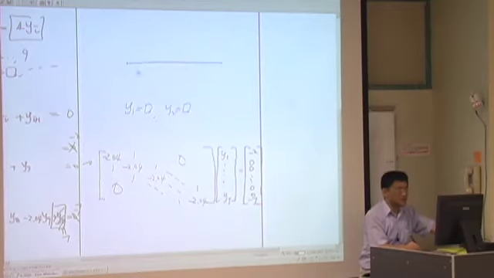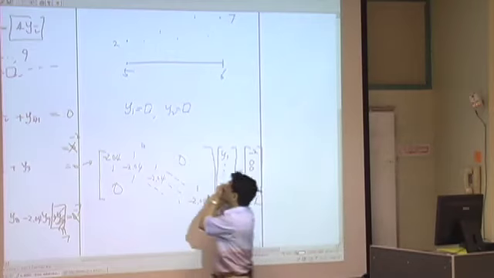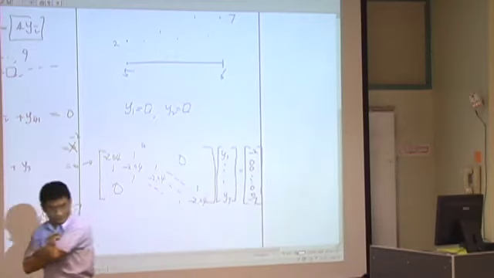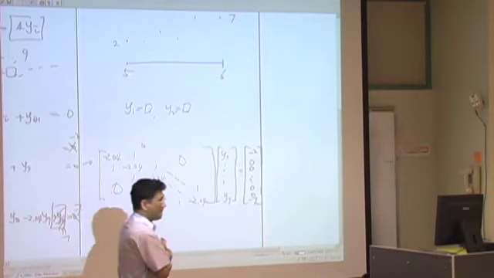So 2 and 7 are the y0 and y10 values, but y1 is known, y2 is known, y3 is known, y4 is known, and so on. So you can plot this. Then this is roughly the result. So this is the finite difference method covered in ODE.